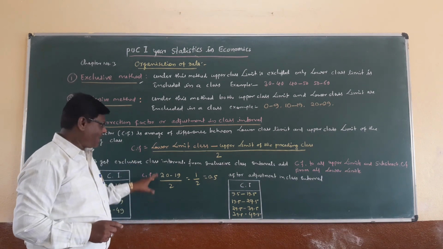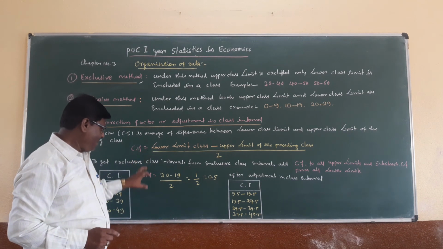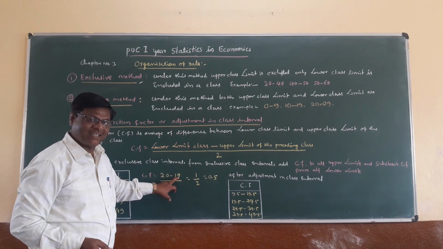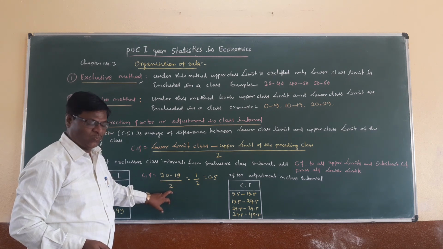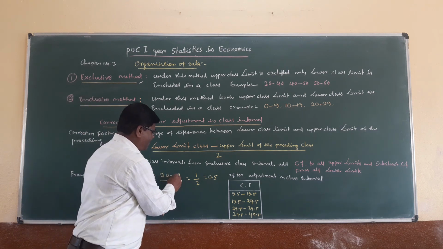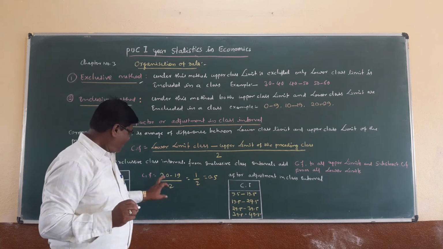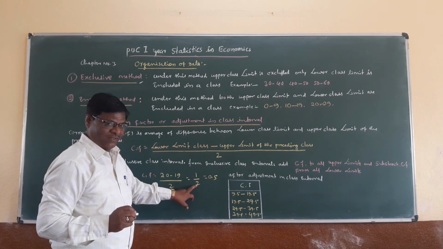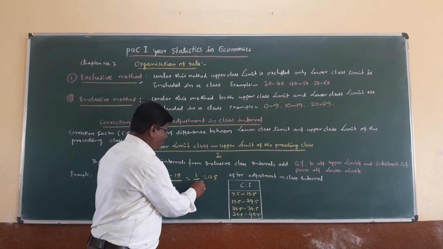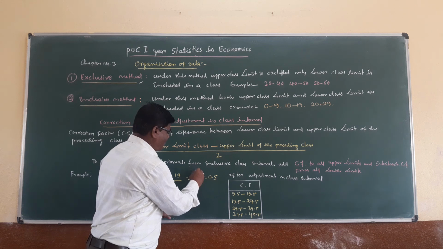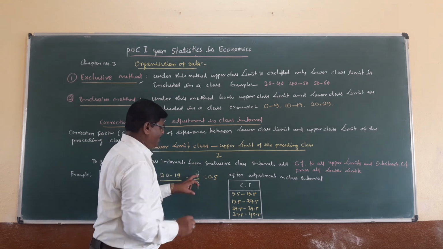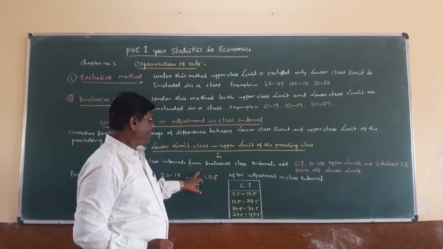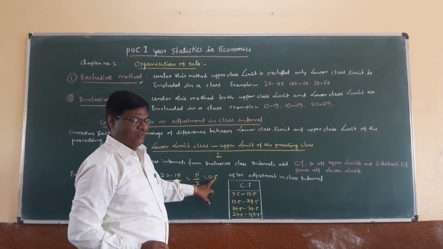According to this formula, CF = (20 - 19) / 2 = 1/2 = 0.5.